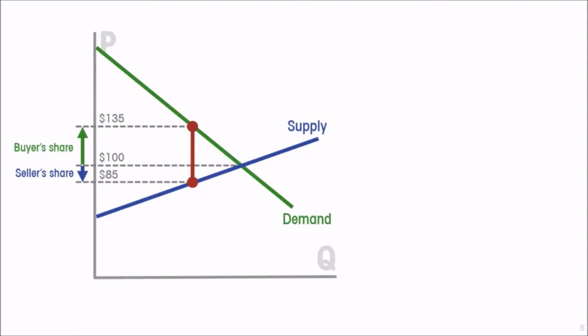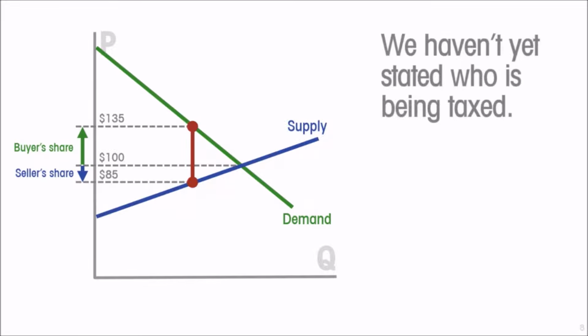What is astonishing about this conclusion is that we have not bothered to specify which side of the market is being taxed. We have not specified whether the producer is being taxed or the consumer is being taxed.